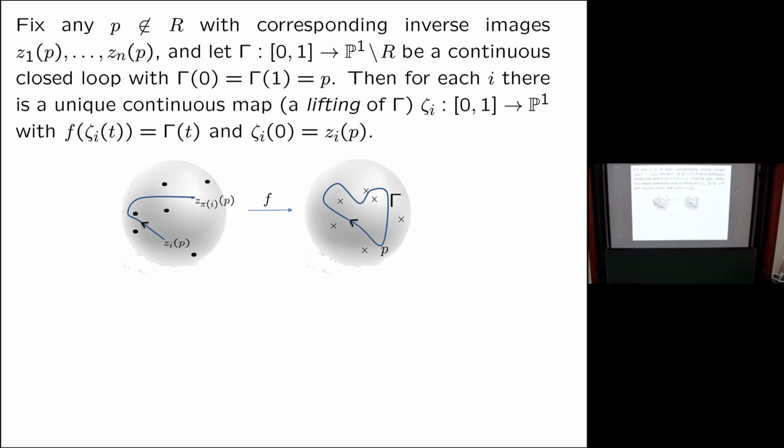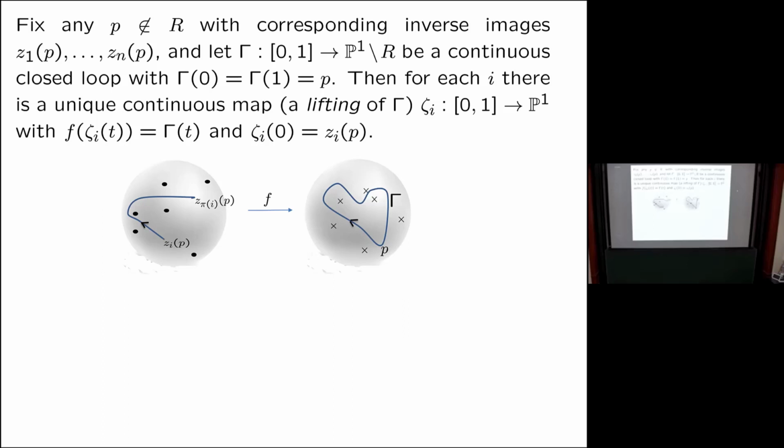And I take a p that's not equal to a critical value. Because it's not a critical value and the degree is n, it will have n inverse images, z1 up to zn, and they're distinct.